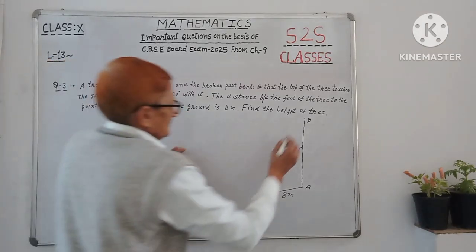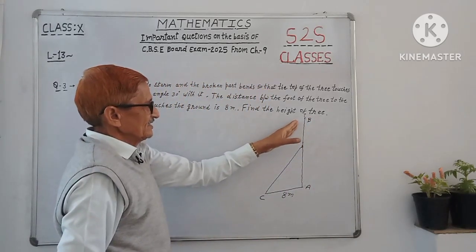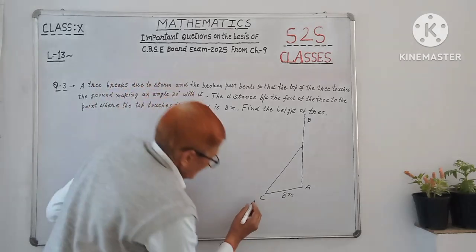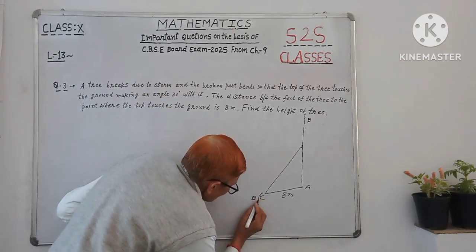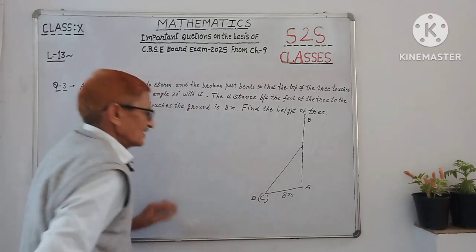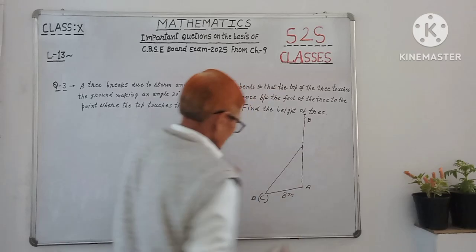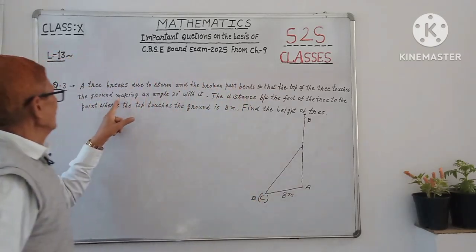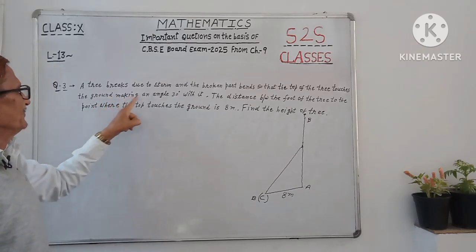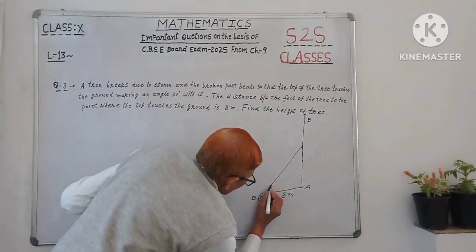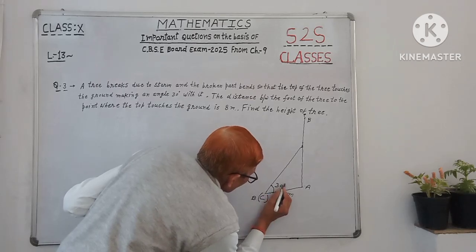Now this part, point B, touches here at C. This is B, point C. Okay, understand? The top of the tree, B, touches the ground here. Okay, if the top of the tree touches the ground, making an angle of 30 degree. This angle 30 degree is given.